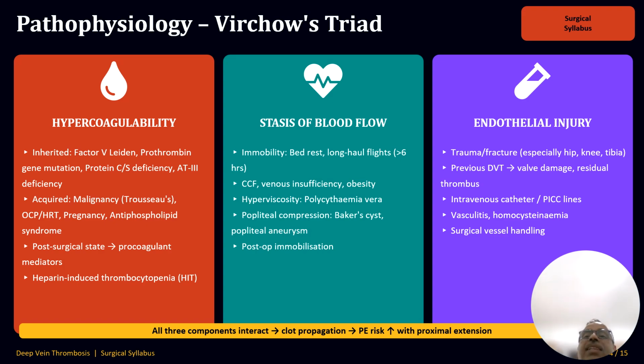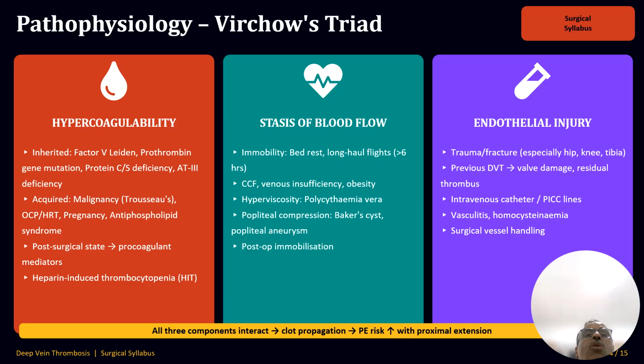Any intravenous catheters or peripherally inserted central catheter lines, PICC lines, also predispose to development of deep vein thrombosis. Certain vasculitis, homocystinemia, and any surgical vessel handling during surgery may also predispose to deep vein thrombosis.